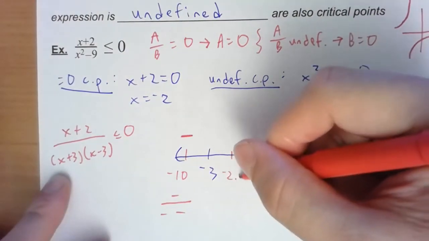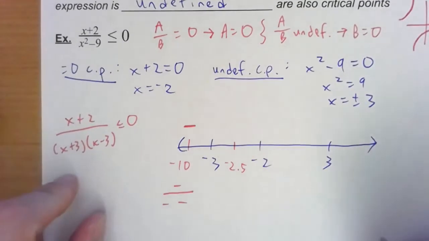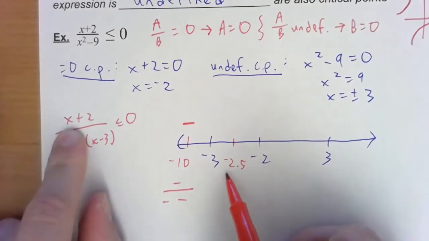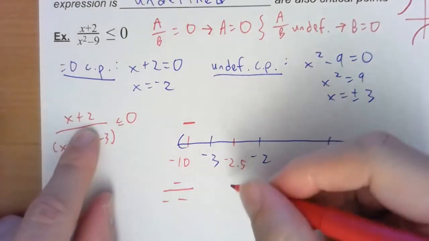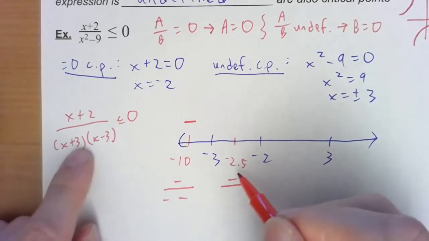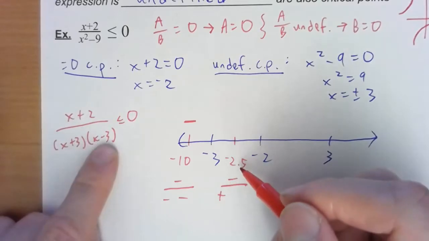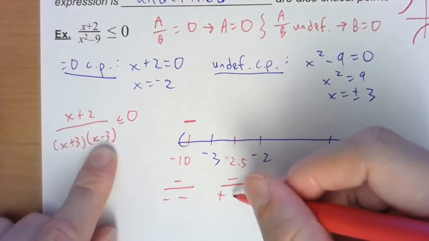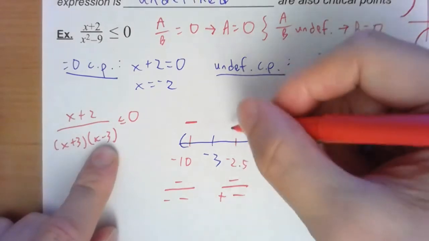All right, I got to test -2.5. Well, if I just need to know if things are negative or positive, that's okay. -2.5 and 2 got more negative than positive. So I'm going to have negative here. -2.5 and 3, more positive than negative. It's positive. And then negative minus some more, it's definitely going to be negative. So that's negative over negative.